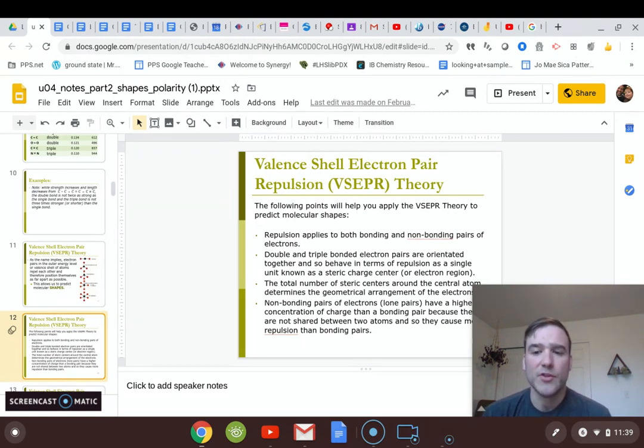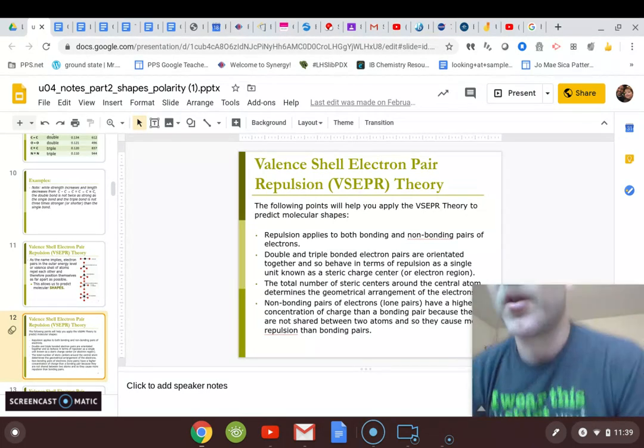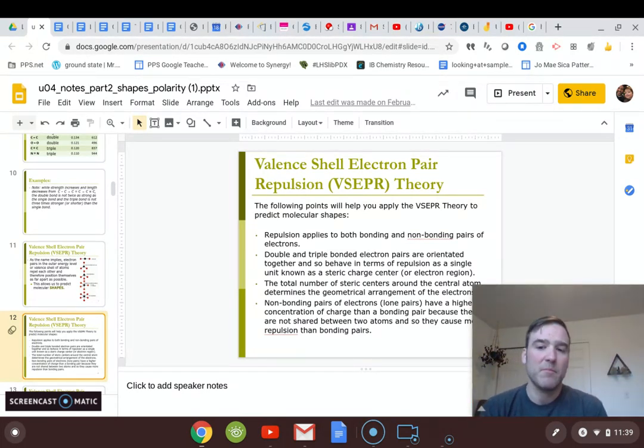We often call these units steric centers or electron regions. That can help to clarify, because sometimes you're talking about bonds and sometimes you're talking about lone pairs, and it can be confusing. So you'll hear me refer to the areas where electrons are around a central atom as steric centers, rather than calling some of them bonding regions and some of them non-bonding regions, or some of them lone pairs and some of them bonds, because there are also triple bonds and double bonds.